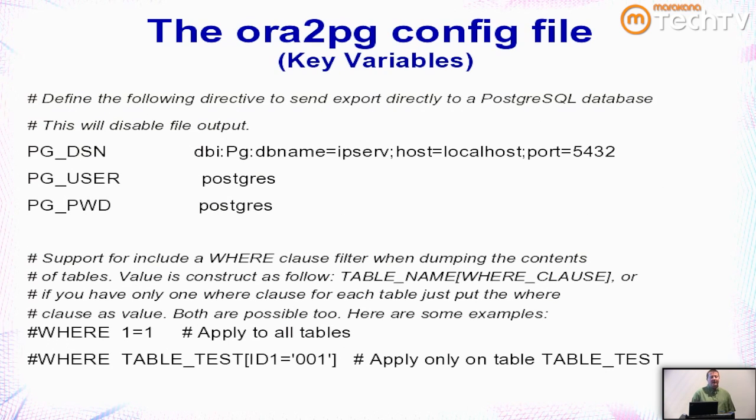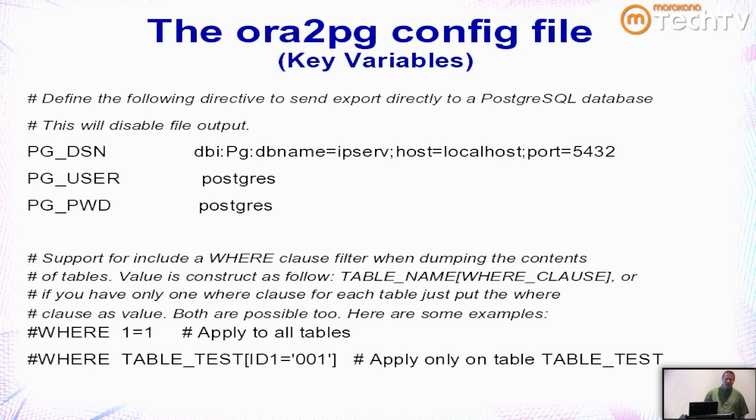If you specify the Postgres connection parameters, then ora2pg by nature will go ahead and connect to Oracle and pull the data and automatically connect to Postgres memory to memory and push it straight into your Postgres database. If these are not specified or if they're commented out, the default behavior is for ora2pg to dump to flat files or a flat file.